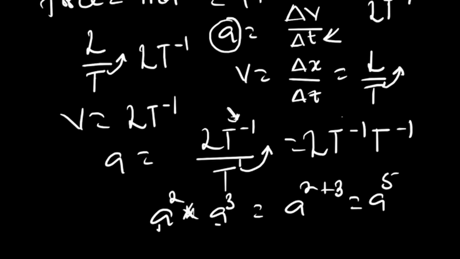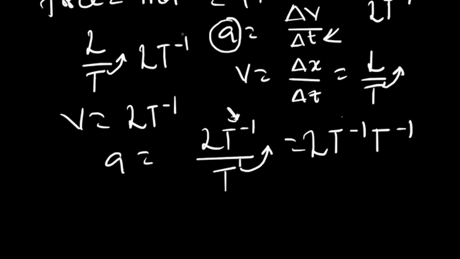We employ the same method in this case by adding their powers. You can see that this T and this T are the same and they are multiplying, so you can add their powers. Hence, acceleration is equal to LT, then minus 1 plus minus 1 gives you minus 2. Therefore, the dimension for acceleration is LT to the power minus 2.